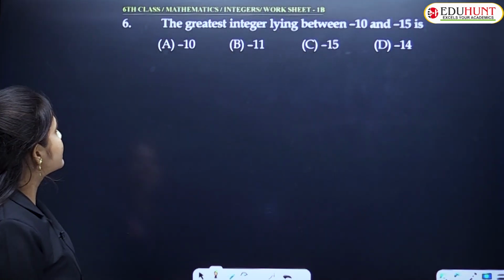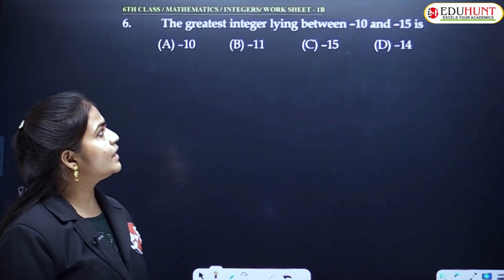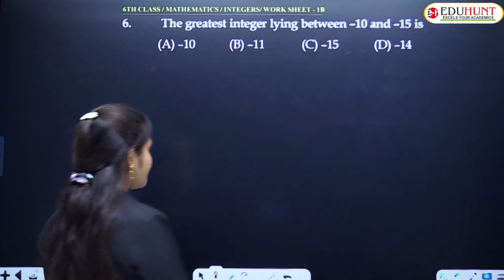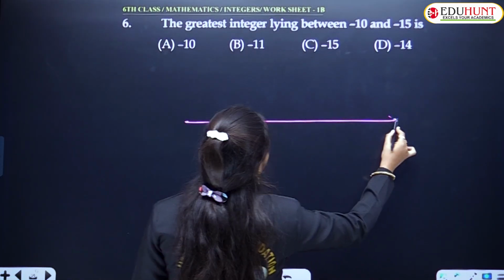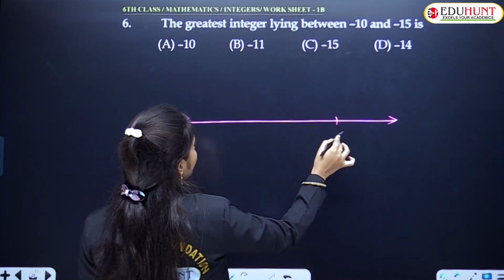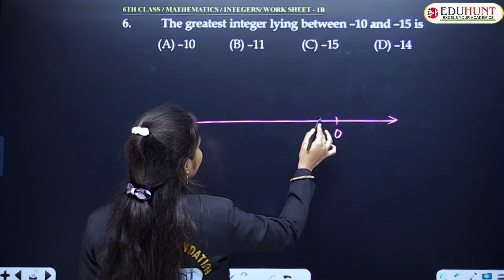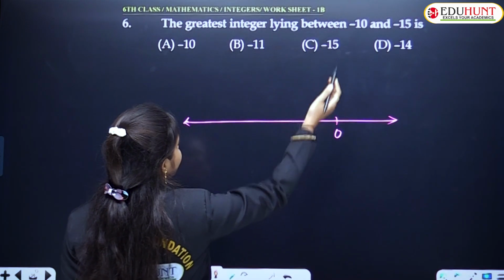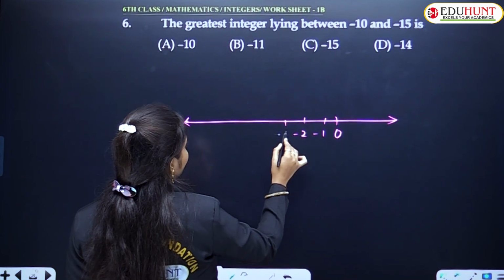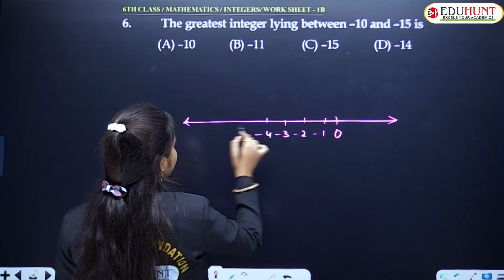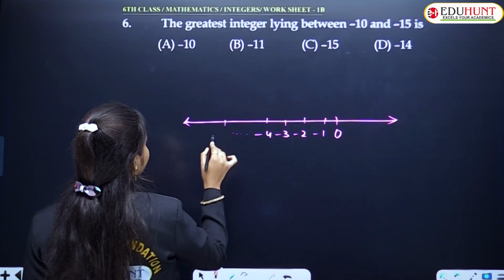Next, the greatest integer lying in between minus 10 and minus 15. Minus 10 and minus 15, what is the greatest integer? Those two also are negatives only, no? So that's why it is better to take the negative side. Minus 10 and minus 15. So here minus 1, minus 2, minus 3, minus 4 and so on.